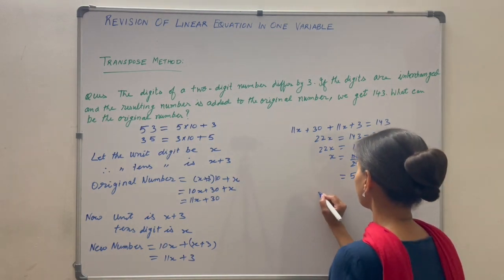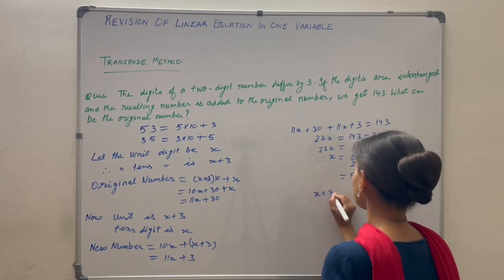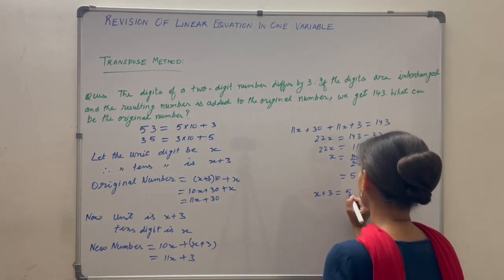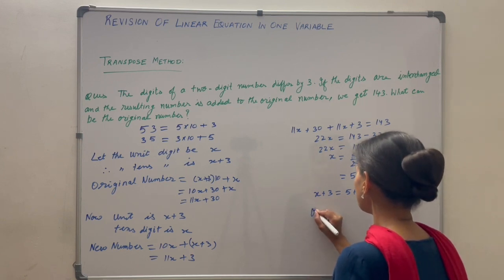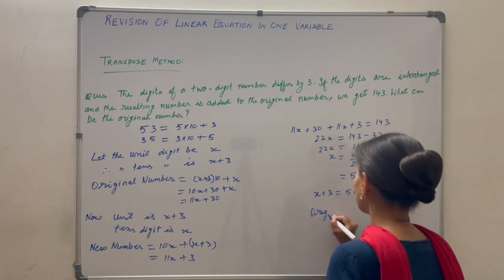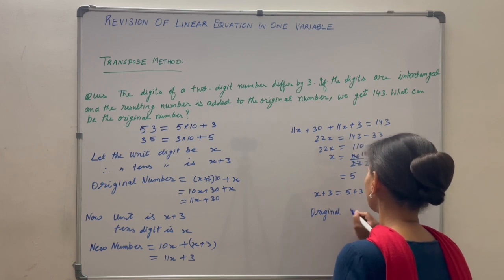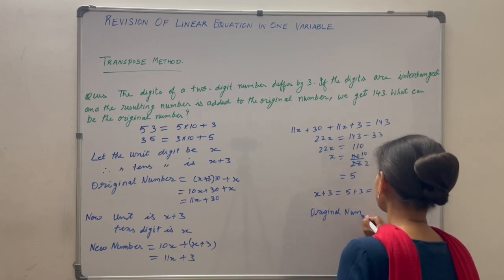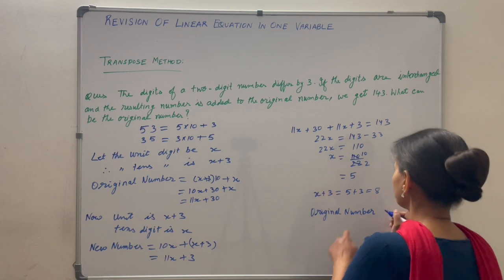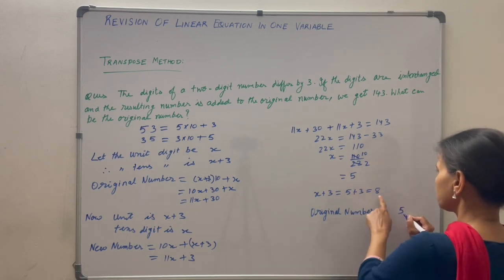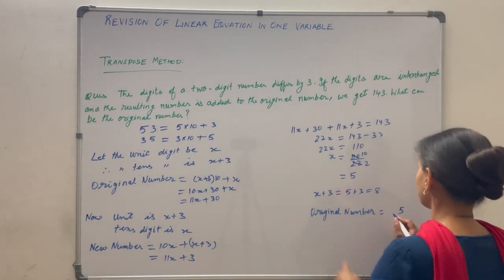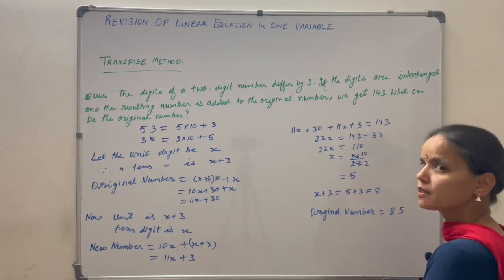So x is equal to 5, and x plus 3 is 5 plus 3, that is equal to 8. The original number is what they have asked you to find. In the units digit it is 5, and in the tens digit it is 8 because it is x plus 3. So the number is 85.